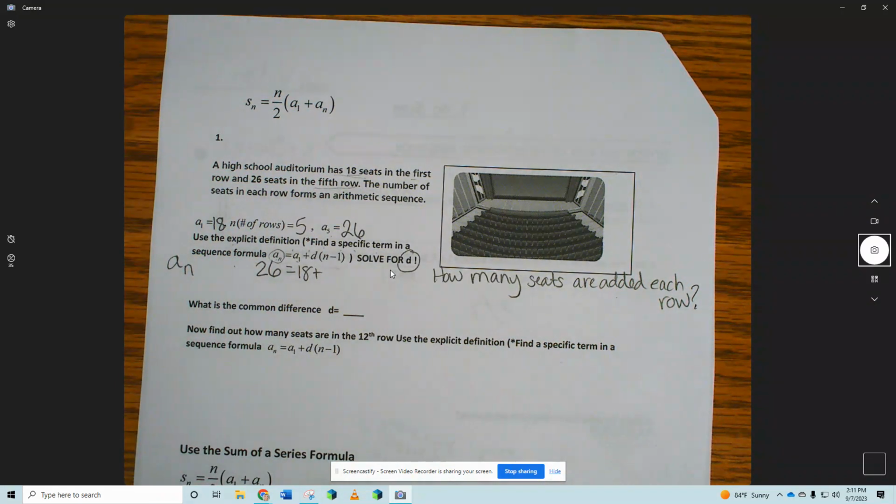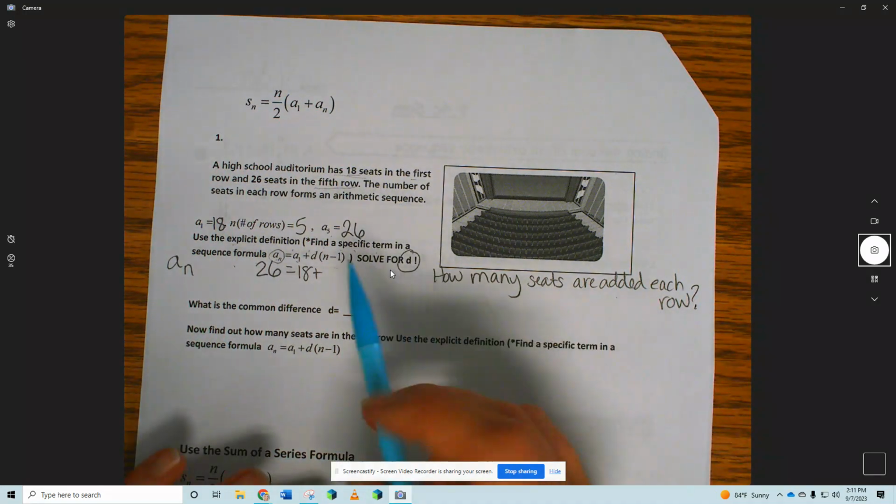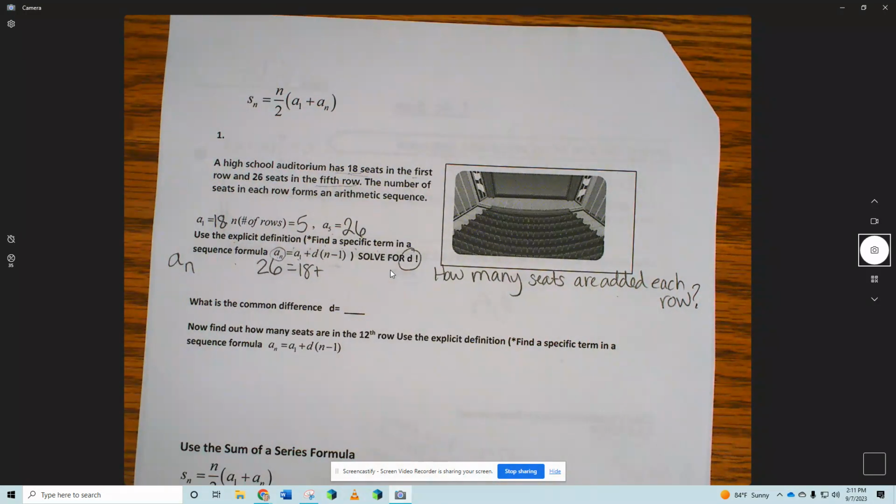What am I increasing by? I don't know, 5? No, it's 5 rows. Everybody's helping me. Every row, how much do they add? You just said 5.